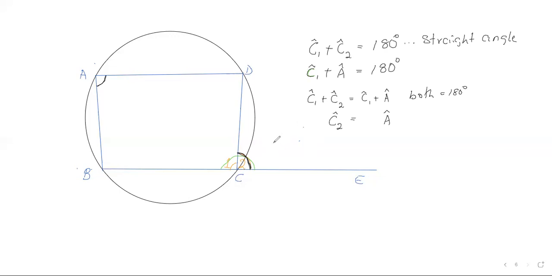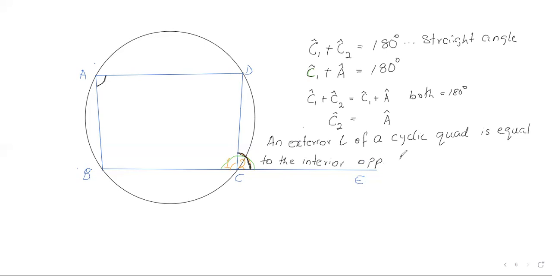You can conclude that an exterior angle of a triangle, not triangle, but the cyclic quad, an exterior angle of a cyclic quad is equal to the interior opposite angle.